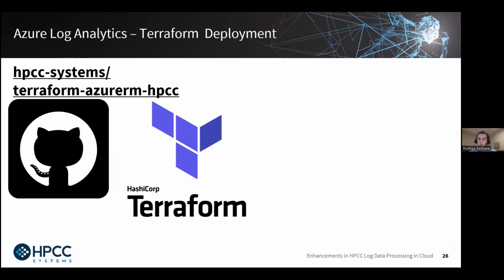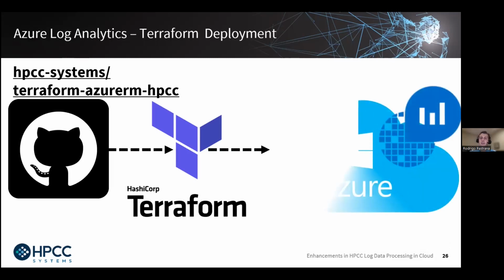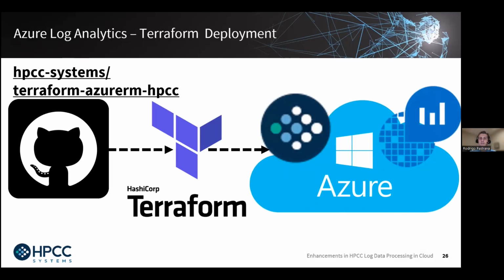I'm excited to report the HPCC development team is close to completing a Terraform-based solution, which automates most of these configuration steps we just saw. With a single command, HPCC and Log Analytics will be deployed and configured on the target Azure Kubernetes cluster.